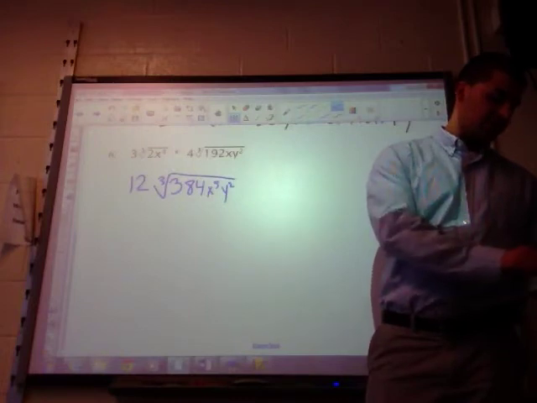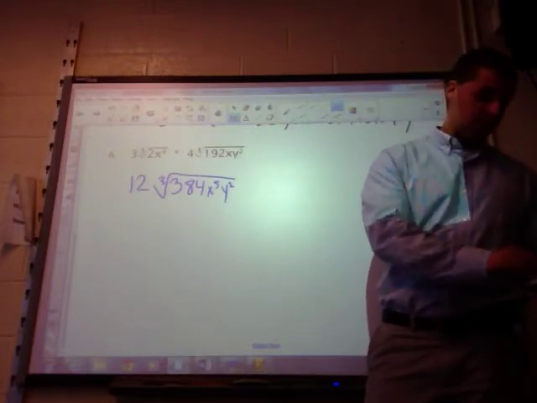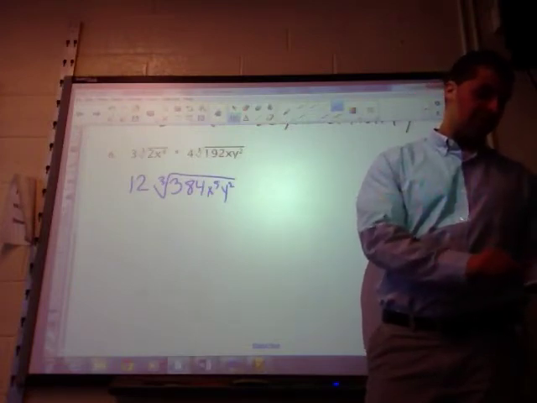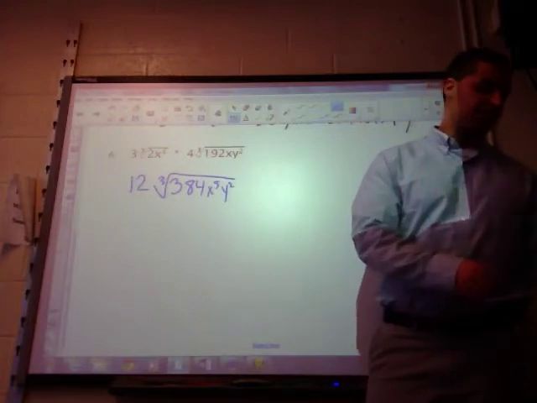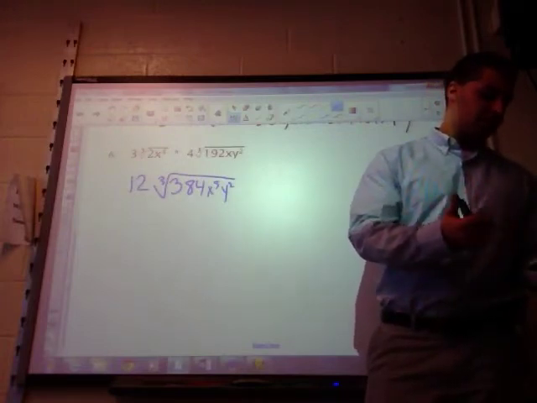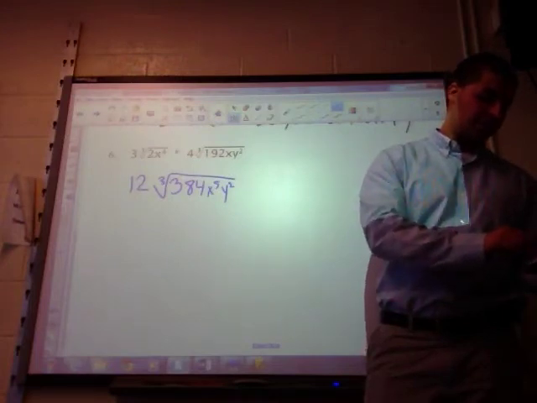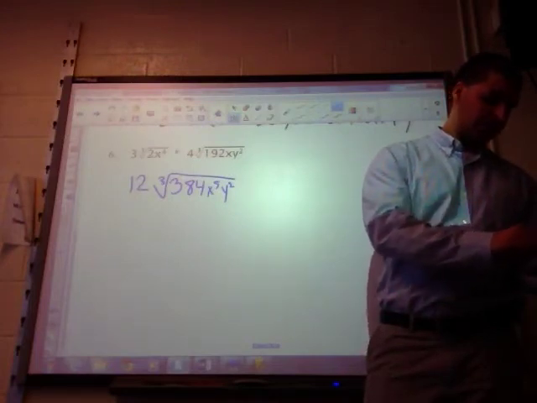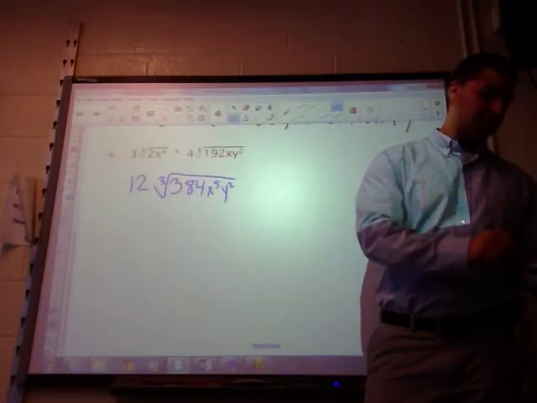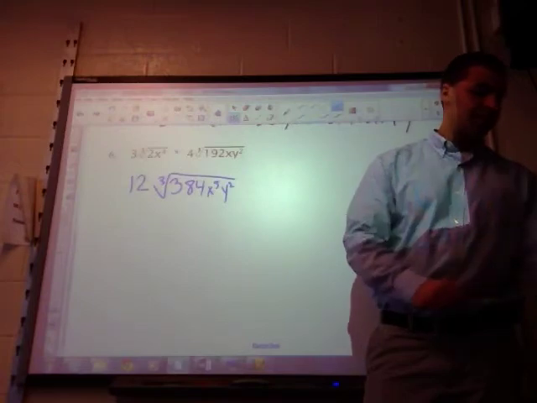Let's see. So let's cut the number in half. We get 192. Let's look at our perfect cubes under 192. So we can try 125. That's not going to work. We can try 64. Oh, and there it is.